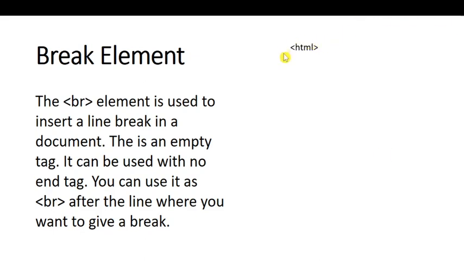So how do we write the source code for this? We write like this: HTML, then head, then title, then body, then my name is ABC. After this text we want to give a line break, for example. In that case we will write BR. If we don't want to give a line break after this name, we will not give BR. But if we want a line break after my name is ABC, then only we give BR.